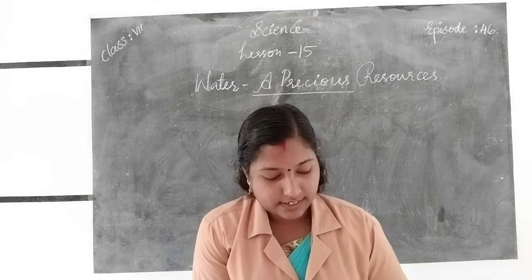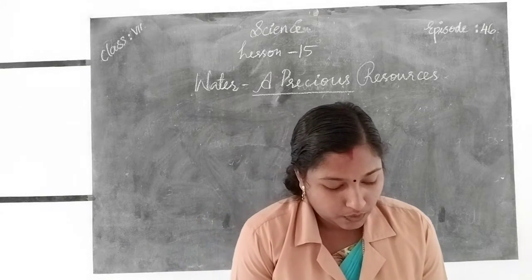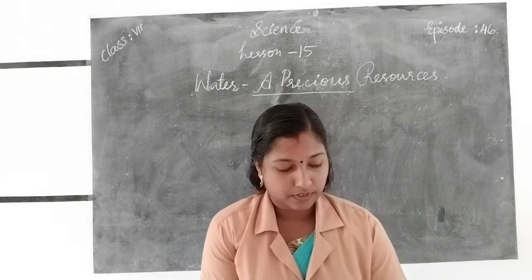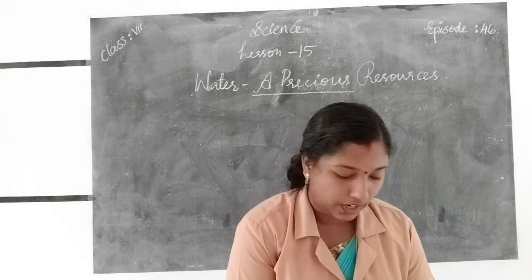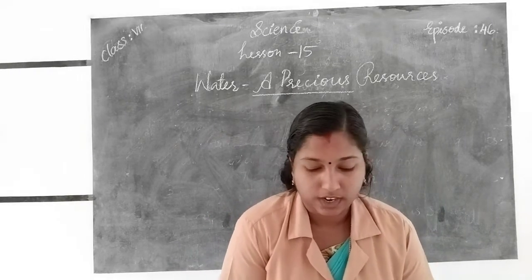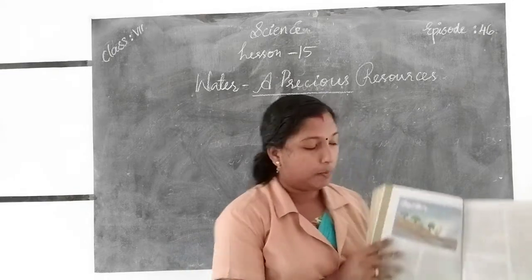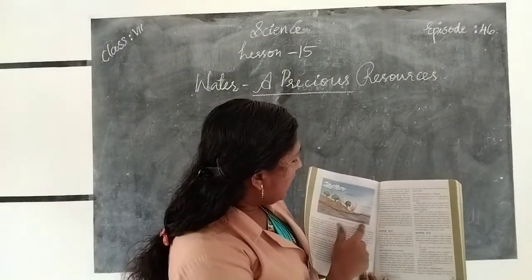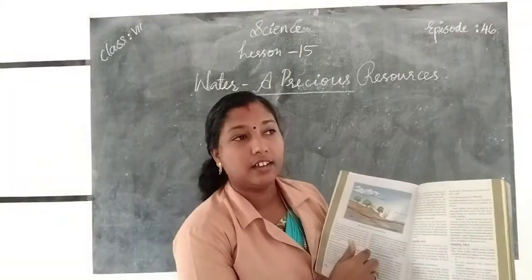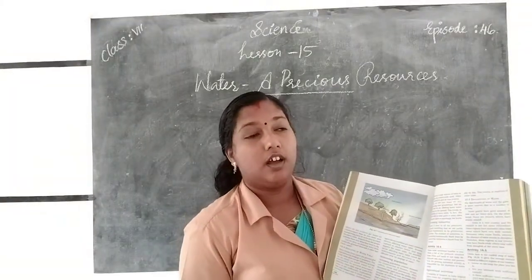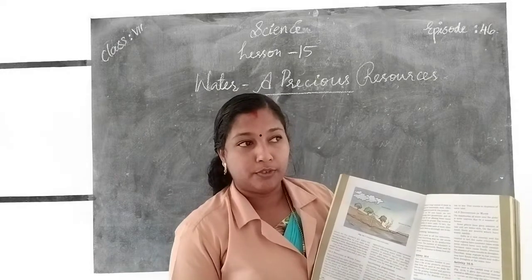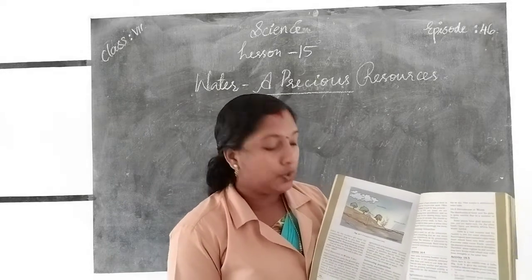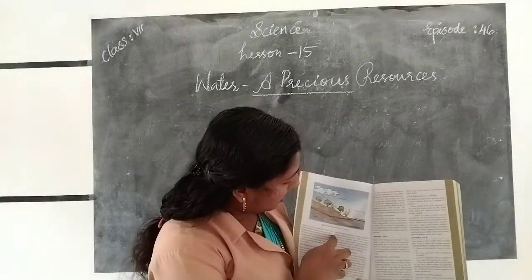Okay, next one, groundwater and water table. Here a picture is given to understand groundwater and water table. Where is groundwater present? Here it is, groundwater. Groundwater means the water that seeps into the underground.